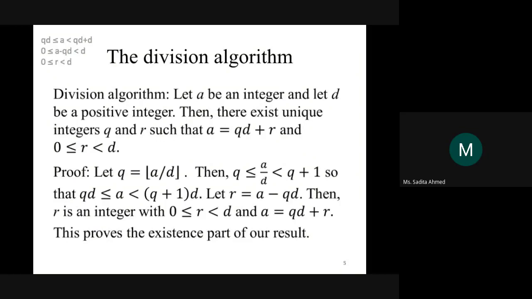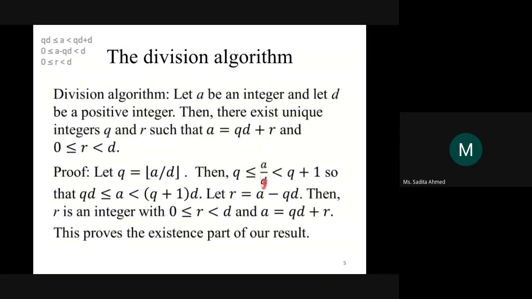So q will be equal to a by d only when the result is an integer, and if the result is not an integer, q will be less than a by d. That is what we understand by the definition of the quotient. In that case, we can say that q will be less than or equal to a by d always.